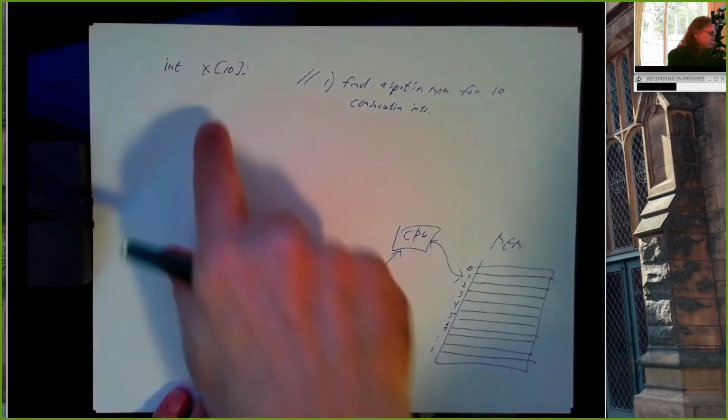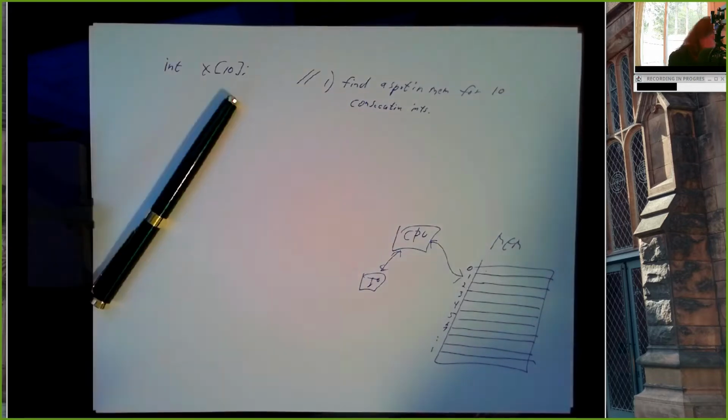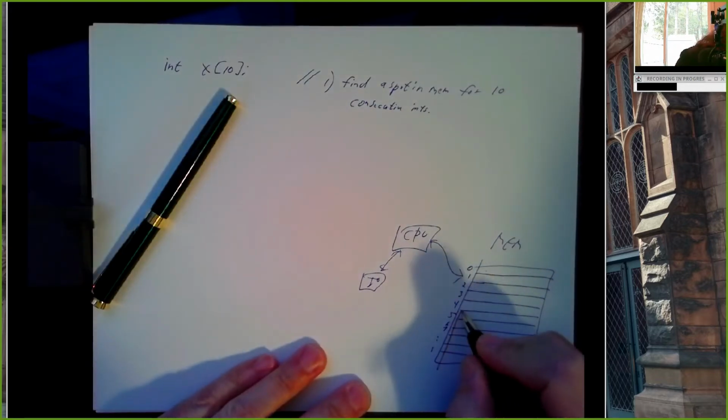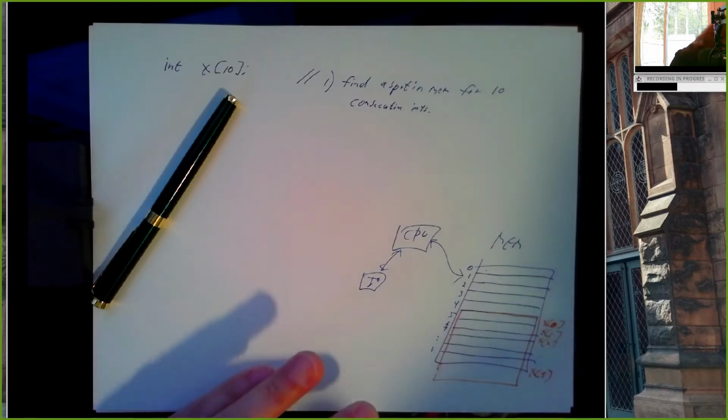When I declare integer x bracket 10, the first thing it does is say, let me find 10 consecutive memory locations where I can store integers. Let's suppose it's going to start right here at location 5, and it's going to store x bracket 0, x bracket 1, x bracket 2, and so on, down to x bracket 9.